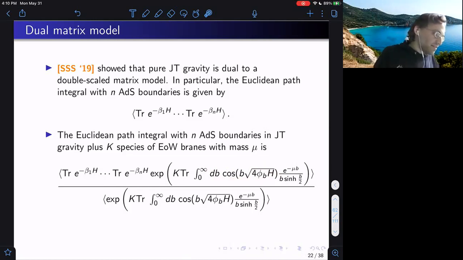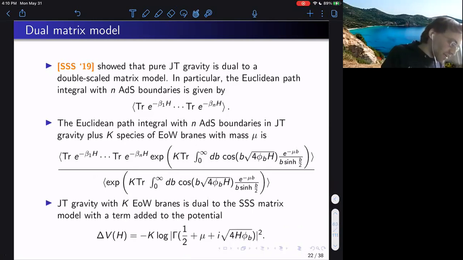With that in mind, this term in the exponential just becomes something that gets added to the potential of the matrix model. Once you subtract this infinite constant, or you take the derivative and then do the integral and then integrate that, what you find is that the change of the potential of the matrix model, delta V, is given by this formula over here.